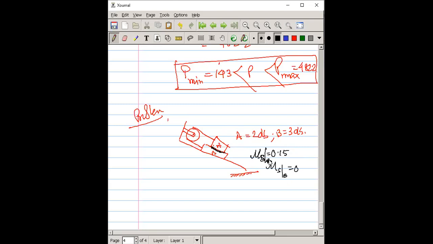So you have to find out the angle theta for which the motion is just impending. Okay, you have to find out that angle.